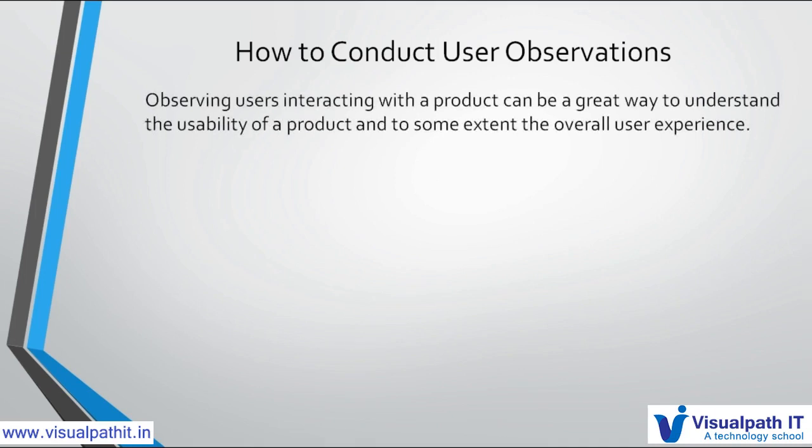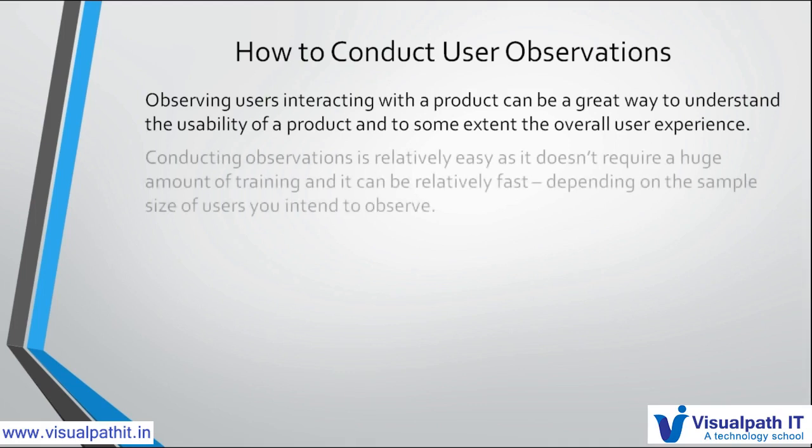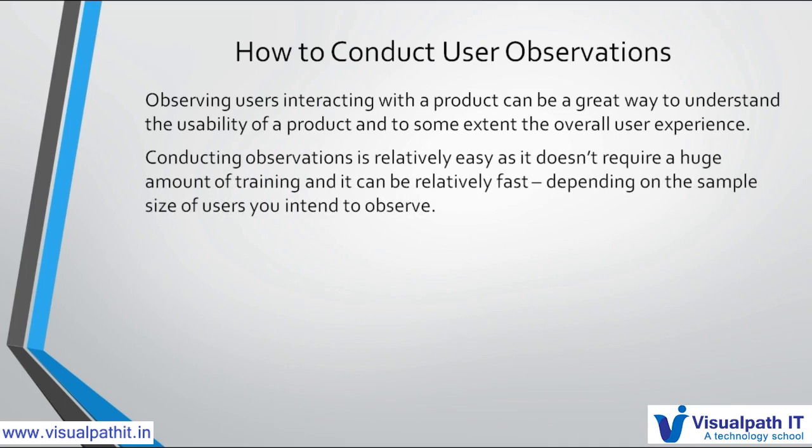Observing users interacting with a product can be a great way to understand the usability of a product and to some extent the overall user experience. Conducting observation is relatively easy as it does not require a huge amount of training and it can be relatively fast, depending on the sample size of users you intend to observe.